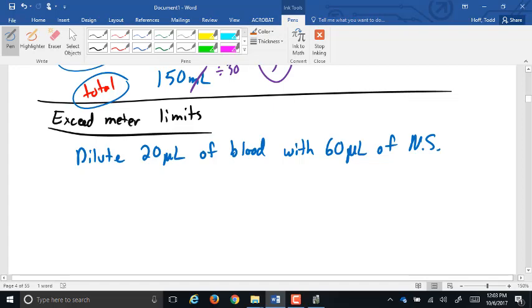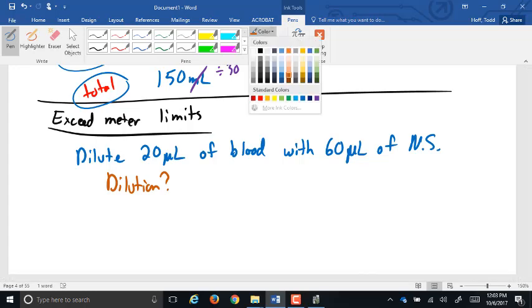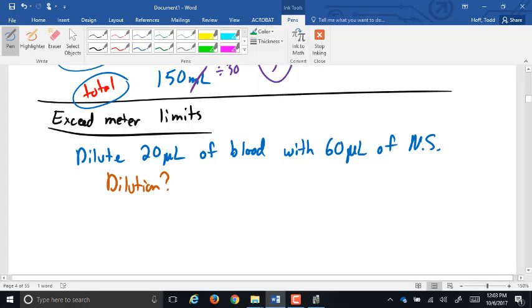Well, first of all, what dilution is created here? It'll be blood over total. Remember, dilution is always serum over total. So we have the 20 microliters, and this is going to be 20 plus 60.